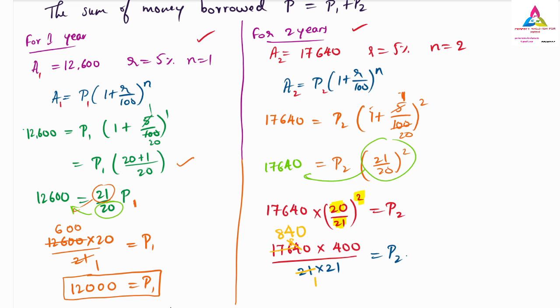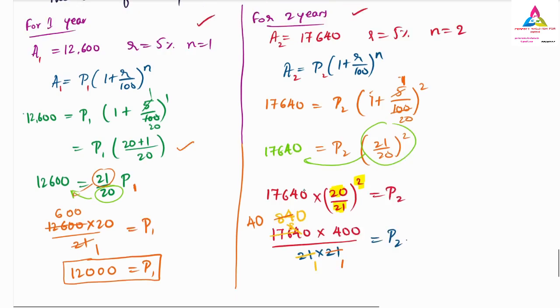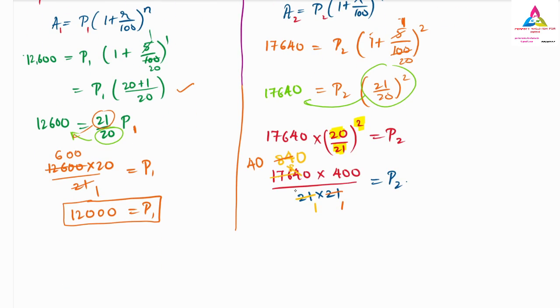So 840 into 400 divided by 21, again it is possible. 21 ones are 21, 21 fours are 84, and 0 we have. So 40 into 400 we are going to get, that we will multiply, that is our P2. So 40 into 400 is 4 fours are 16 and 3 zeros. So 16,000 will become the principal amount for the 2 years.